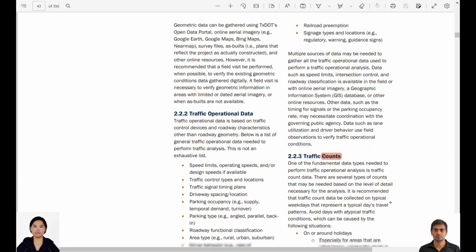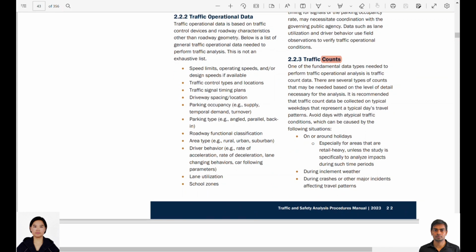So now we are going to focus on traffic counts, which we typically collect in the field. One of the fundamental data types needed to perform traffic operational analysis is traffic counts, or in more technical terms, traffic volumes, which are estimated based on traffic counts.